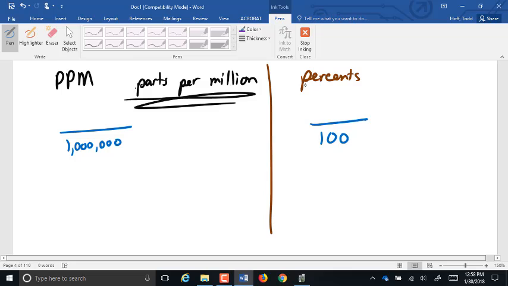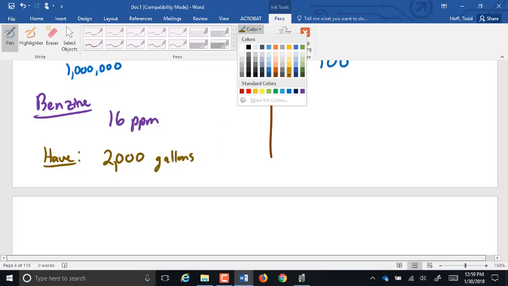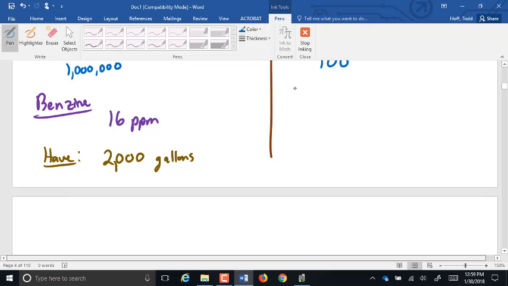But certain regulations, you are allowed on benzene, for example. You are allowed 16 ppm in drinking water. So what that means is if you have, let's say 2,000 gallons of water, how much benzene can be in that water before it's considered polluted?